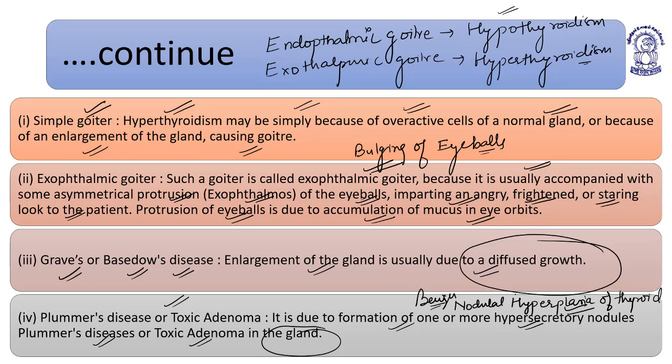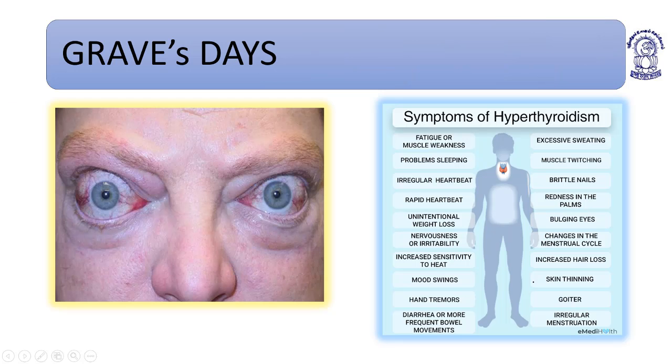So Graves' disease and Basedow's disease are the same. Plummer's disease or toxic adenoma, exophthalmic goiter, they are causes of hypersecretion. Thyrotoxicosis is also hypersecretion. Okay, this is Graves' disease. You can see the eyes. It looks like a villain of a horror movie.